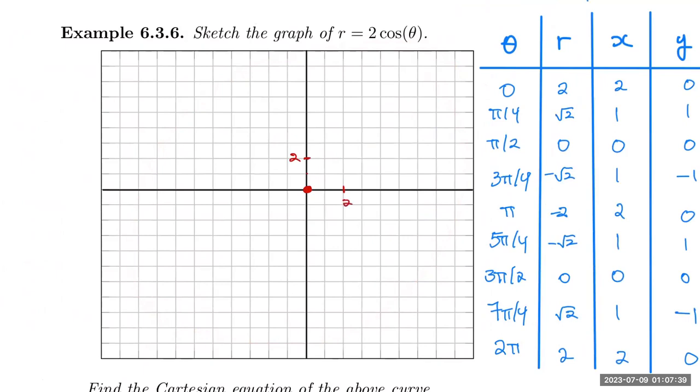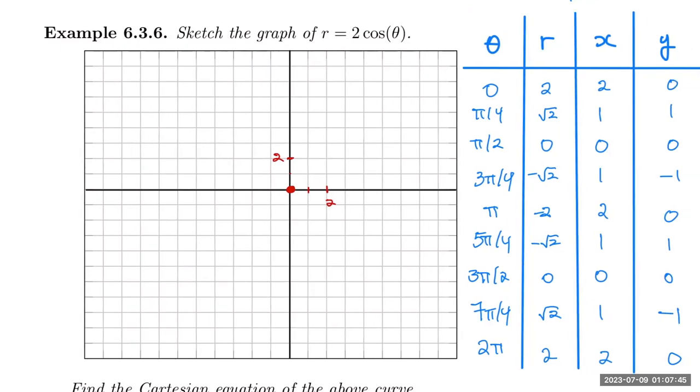And this is 1 here. Now, whenever it's at 1, it can go between 1 and negative 1 for the y value, as we've seen. So basically what we should get as the graph looks like this, which is the equation of a circle of radius 1, but it's centered at 1, 0.